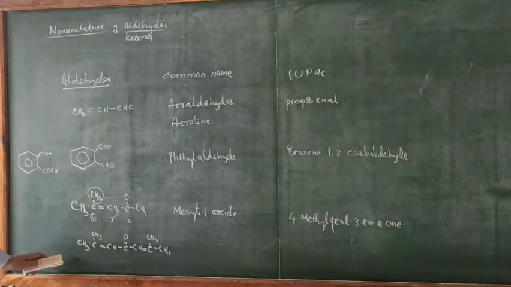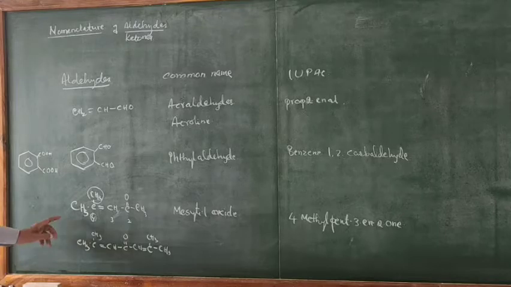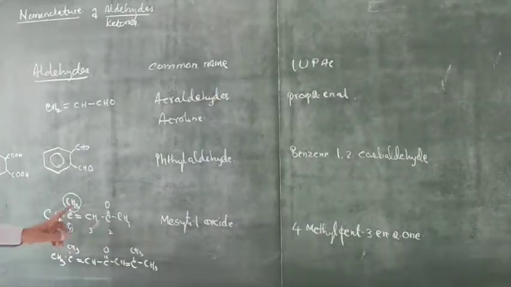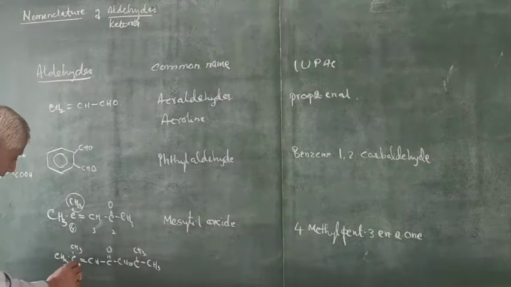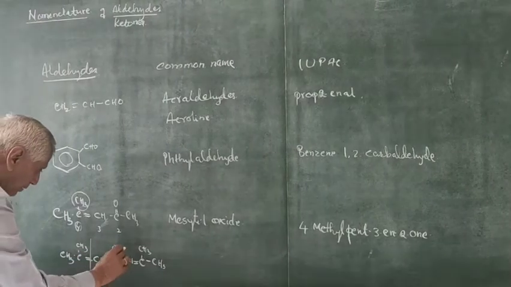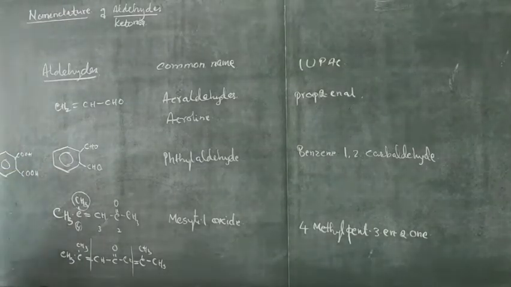These two compounds you will be studying when you are studying acetone. This one is obtained by the reaction between 2 molecules of acetone. Here, this compound is obtained by the reaction between 3 molecules of acetone. This is one part of the acetone, second part of the acetone, third part of the acetone. When you are studying the properties of acetone, you come across these two compounds.